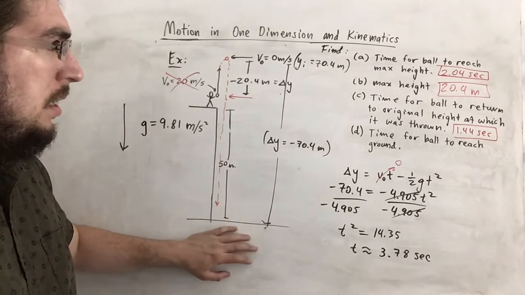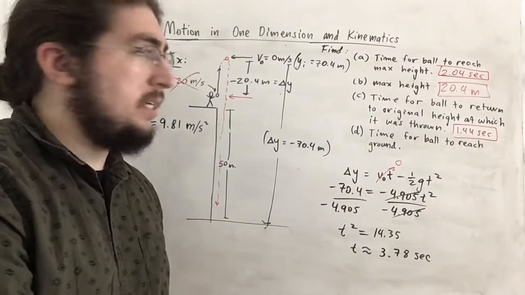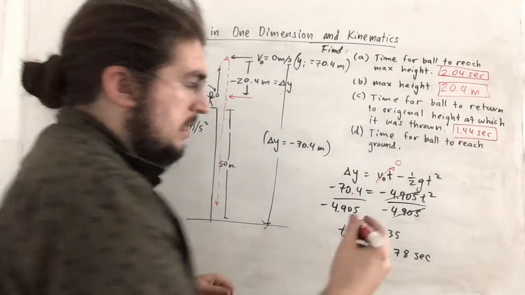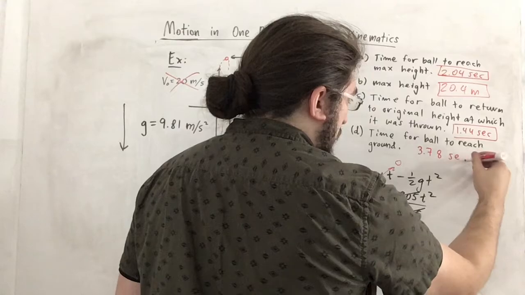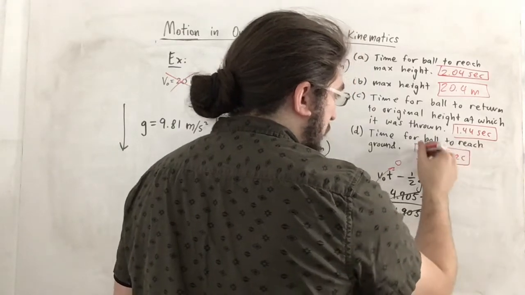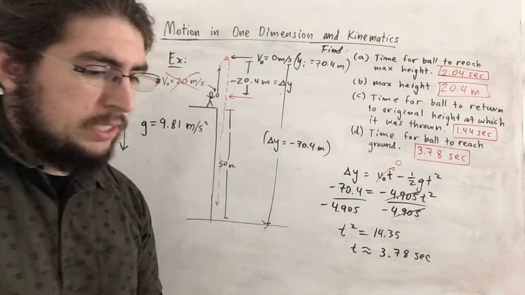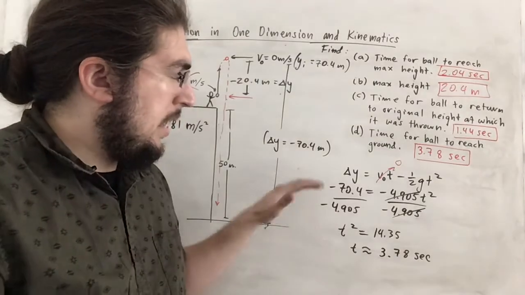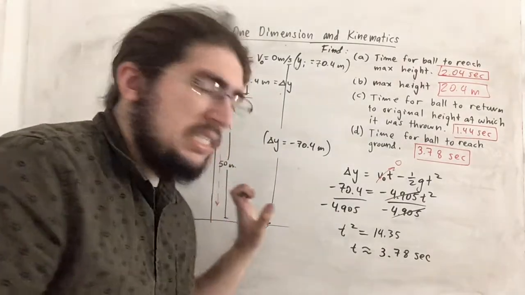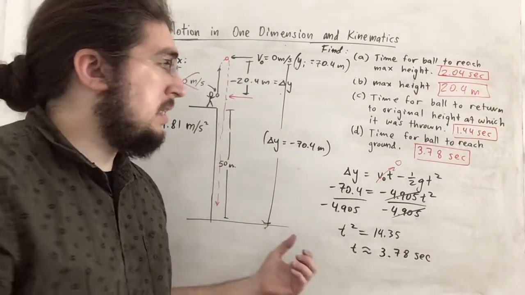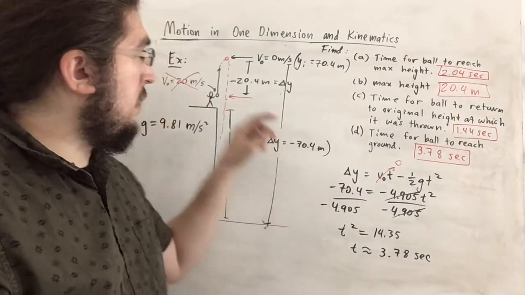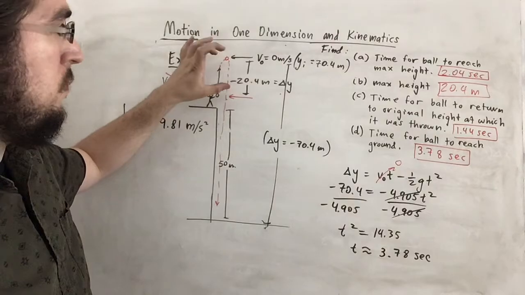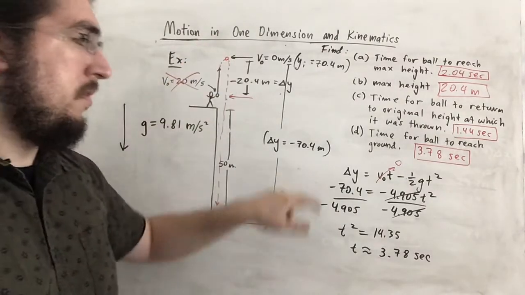Now, how can we use this to fix our answer for C? It's kind of unfortunate that I made a mistake there, but that was in our equation. The mathematics was still correct. So I'm going to go back in my calculation a bit, and notice that this is the same calculation. The only difference was that with D, our delta y was 20.4, not 70.4.